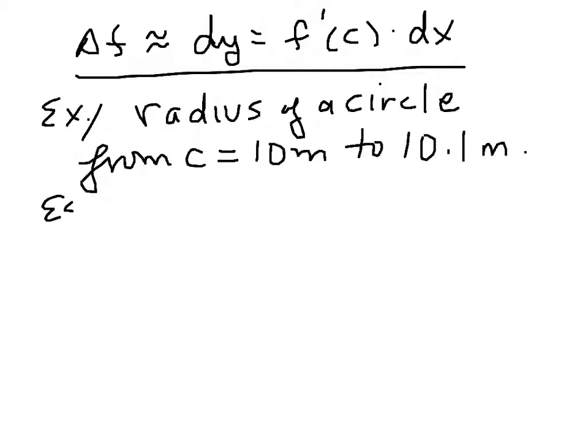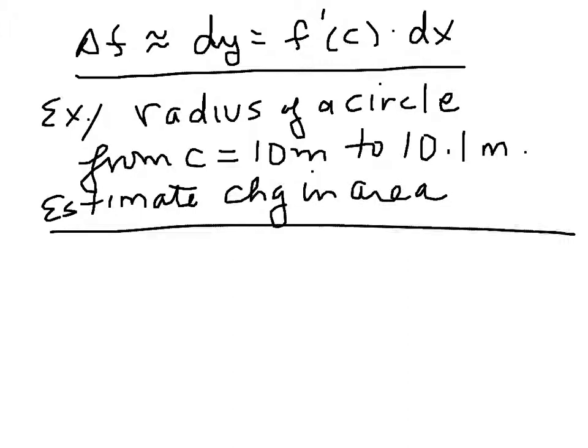What we want to do is estimate the change in the area. Got it? We know from above that the actual change can be approximated by dy, which is simply the derivative at that point times dx.